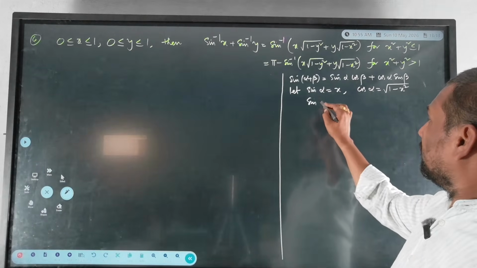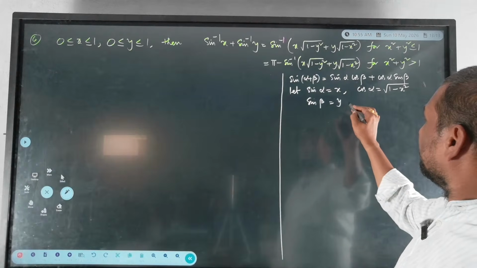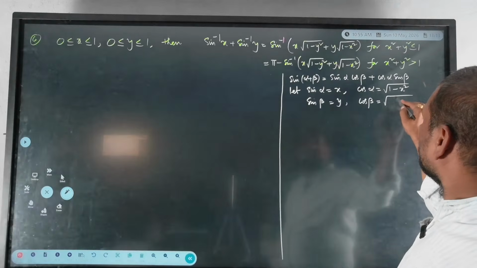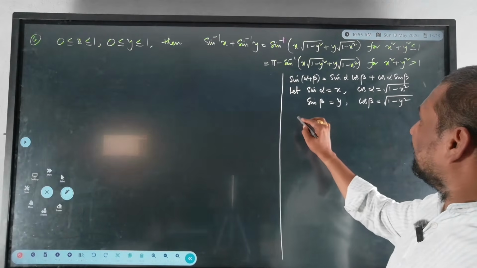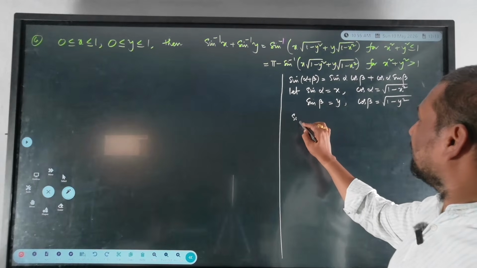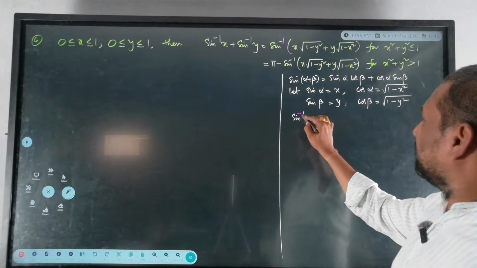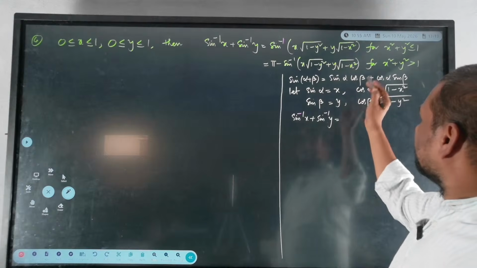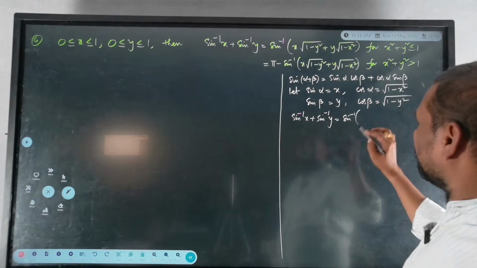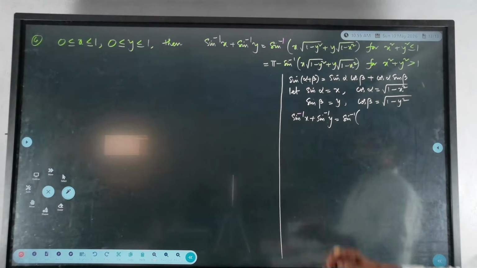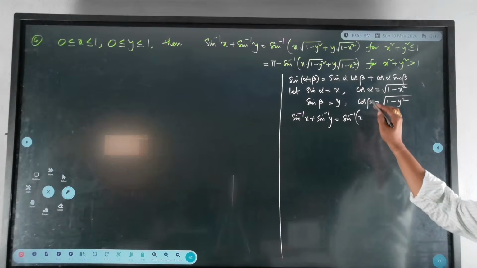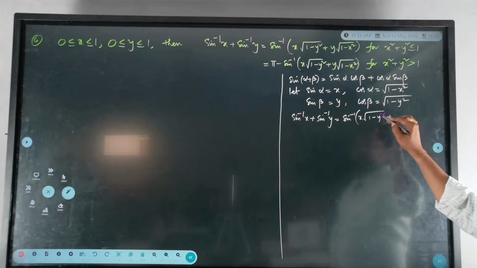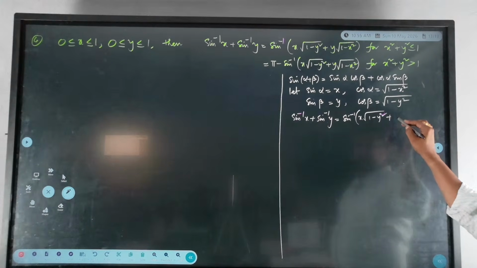Sin beta is equal to y, cos beta is equal to root over 1 minus sin square beta. So sin inverse x plus sin inverse y is equal to sin inverse of sin alpha cos beta plus cos alpha sin beta.